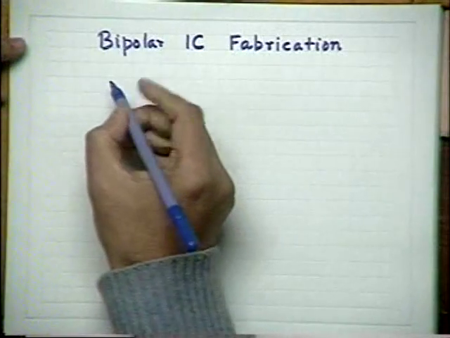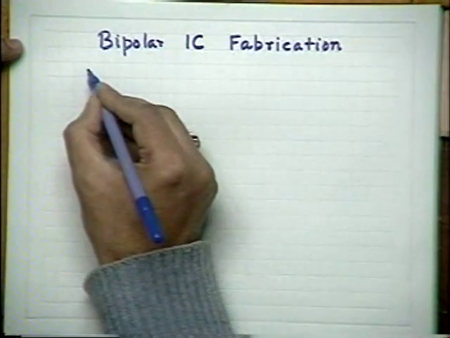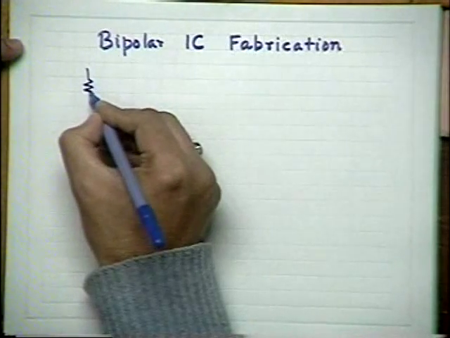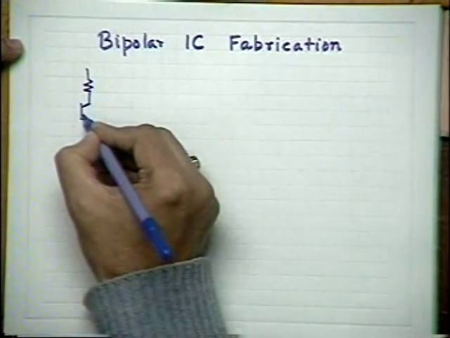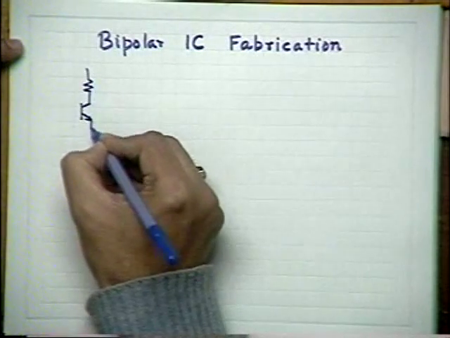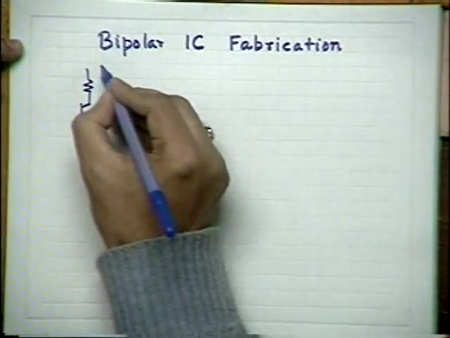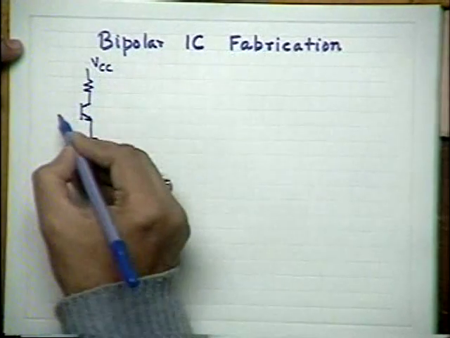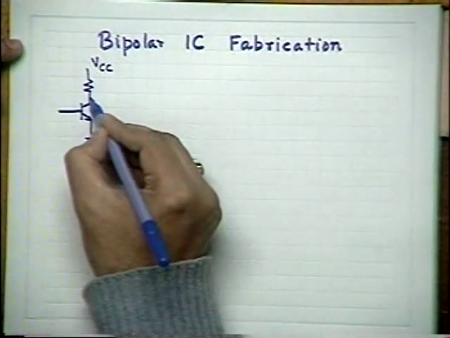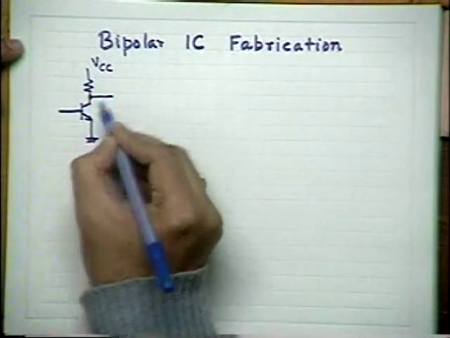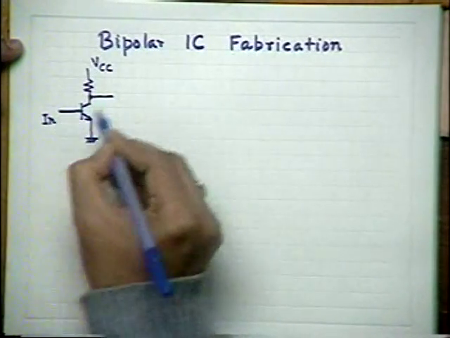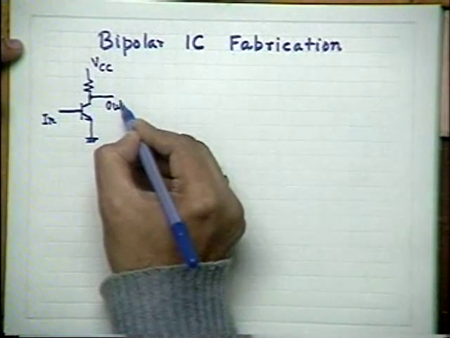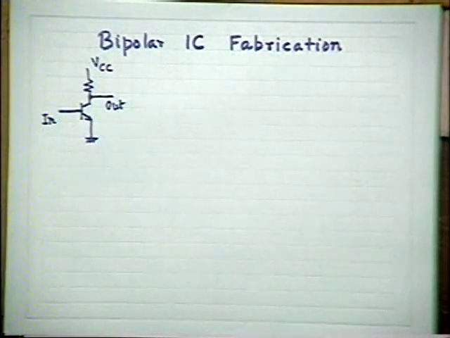Let us consider a bipolar IC or bipolar switch. Let us consider this very simple example of a simple bipolar switch, which is the building block of any bipolar digital IC.